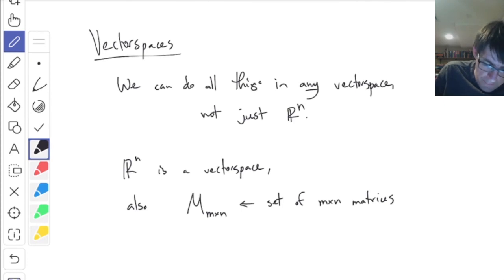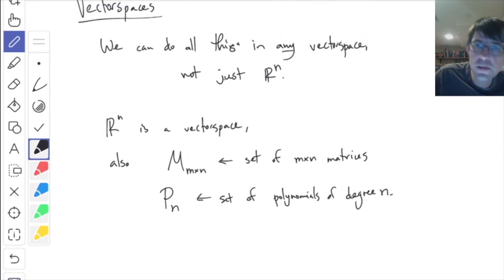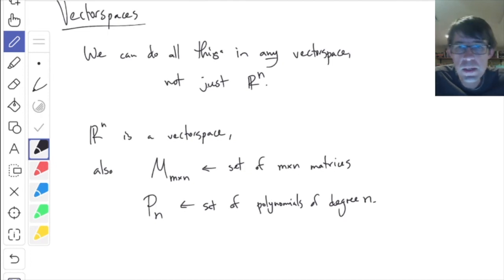Also, Pn, the set of polynomials of degree n. In any of these contexts, we can talk about independent and dependent. We can talk about spans of things in the context of matrices or polynomials, not just vectors.